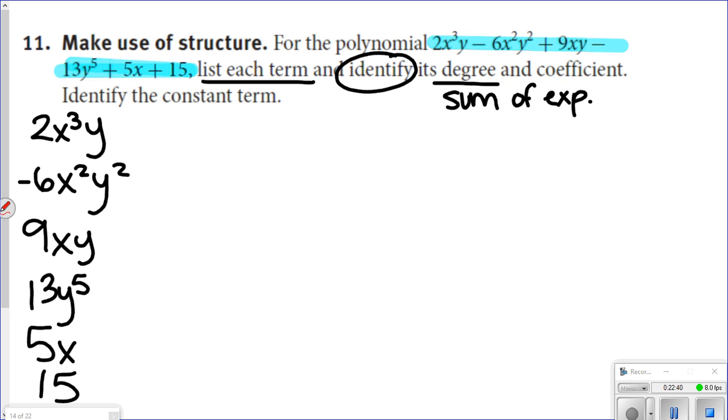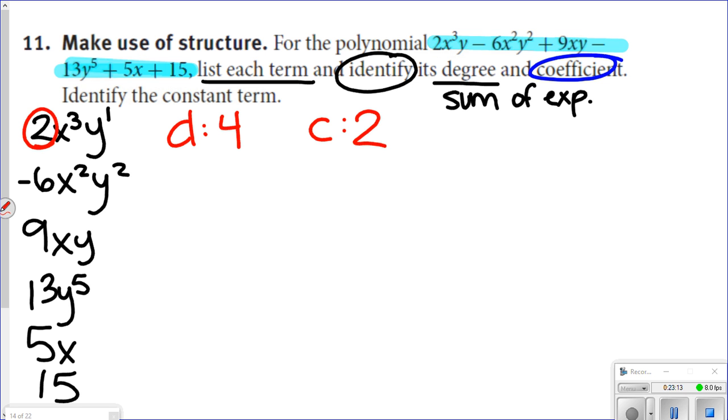And we're also identifying our coefficient. Okay, so I'm going to abbreviate using D for degree and C for coefficient, so it's less writing for all of us. So let's add up these exponents here. It's 3 plus 1, so my degree is 4. The coefficient is the number out in front, so that's 2.